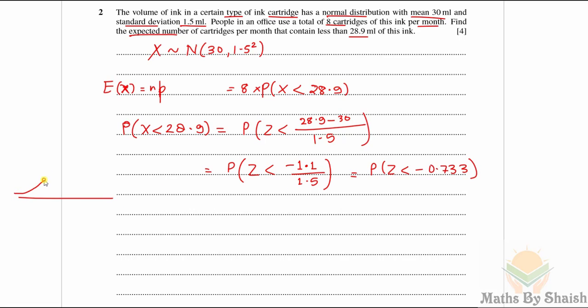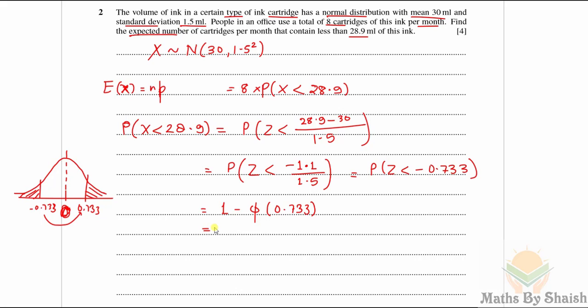If we draw the normal distribution graph, we can understand from there: this is going to be the mean, which in the standardized form is 0. If it is less than this, it means minus 0.733 here, and we require this probability. For that we find the corresponding positive value, 0.733, and this probability is going to be 1 minus phi of 0.733.